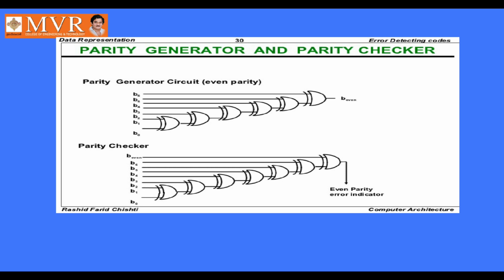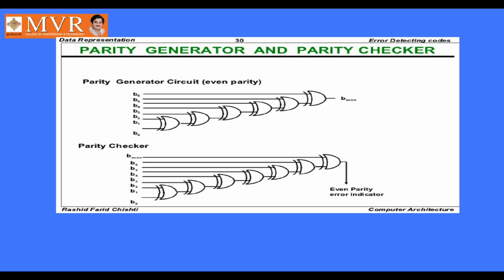In the parity generator circuit for the even parity, all the 7 bits are connected to XOR gates, and at the output end we generate the even parity bit.